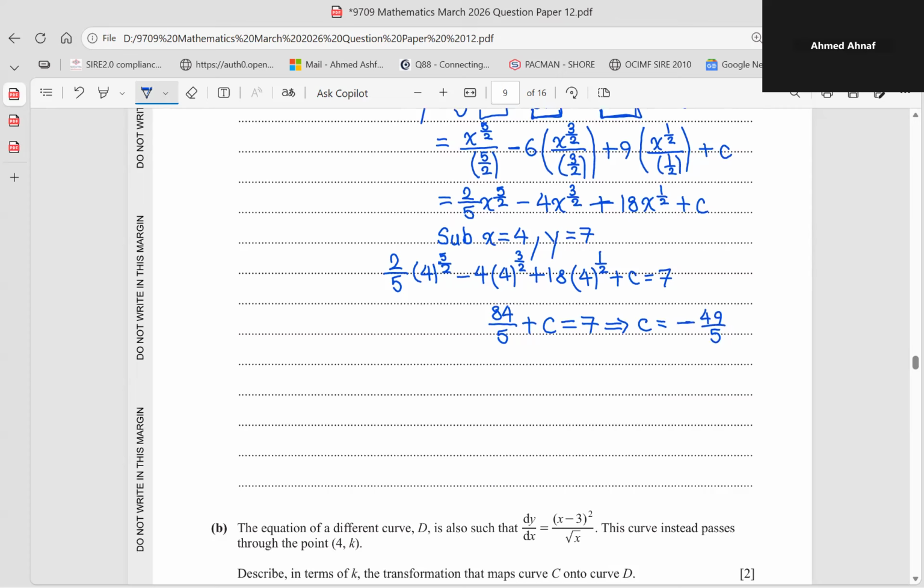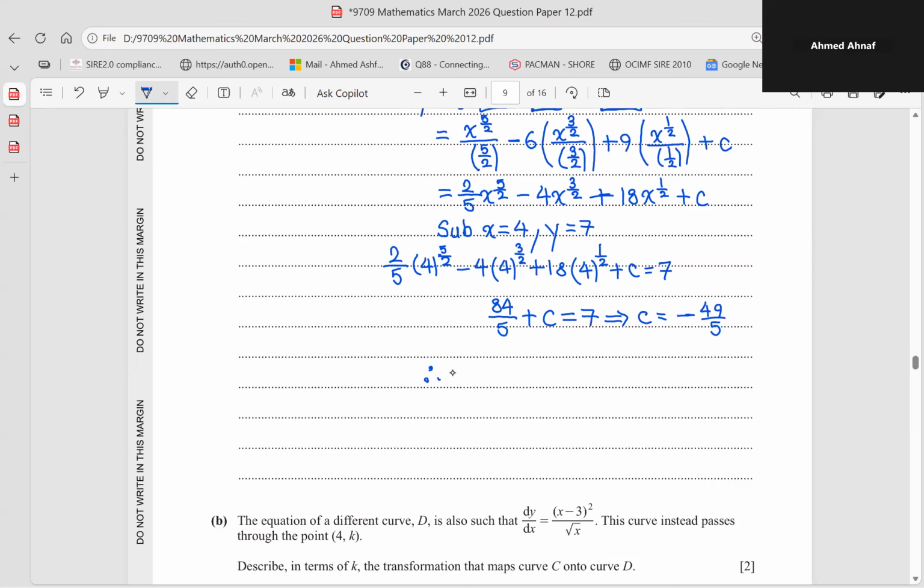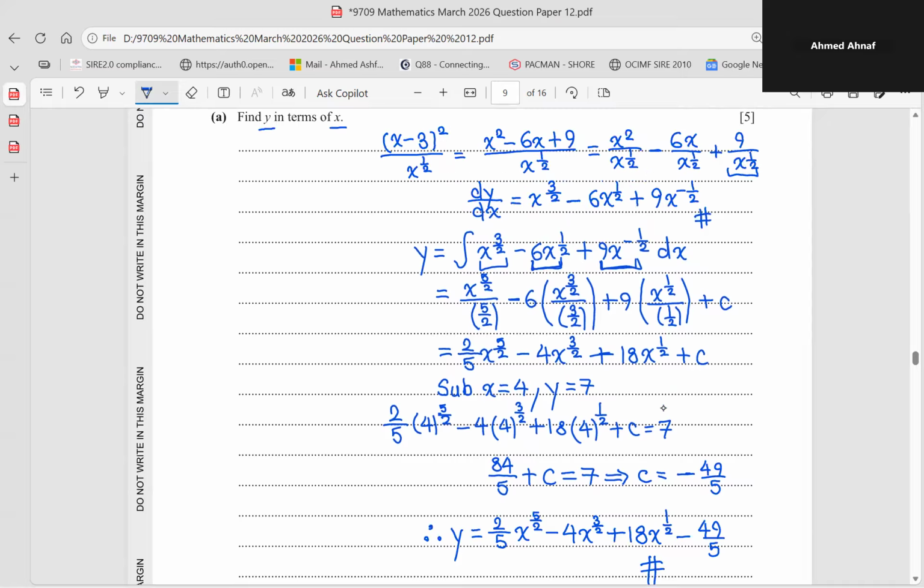Okay, so therefore the final answer is just going to be 2 over 5 x to the power of 5 over 2 minus 4 times x to the power of 3 over 2 plus 18 times x to the power of half minus 49 over 5.